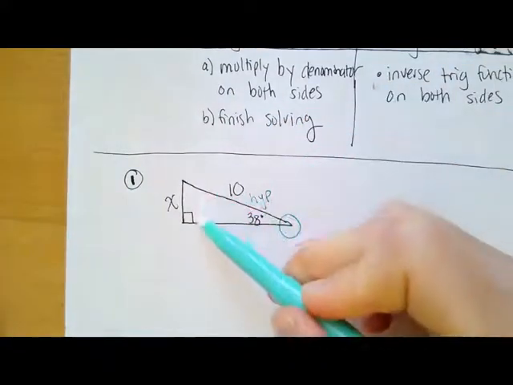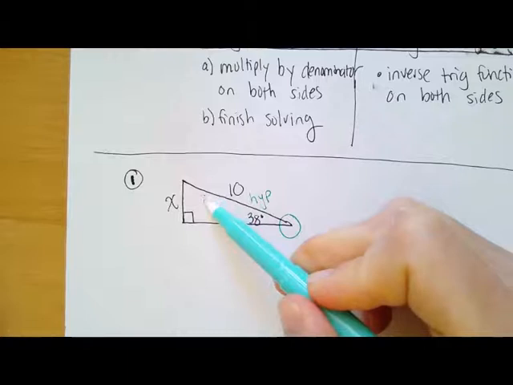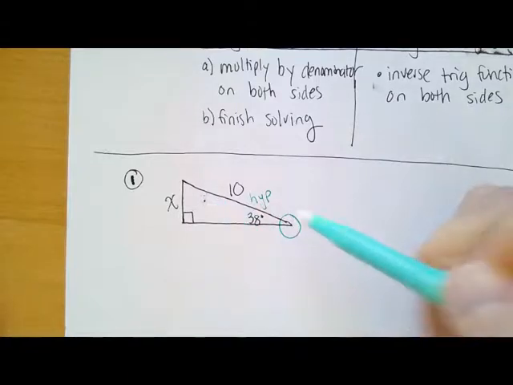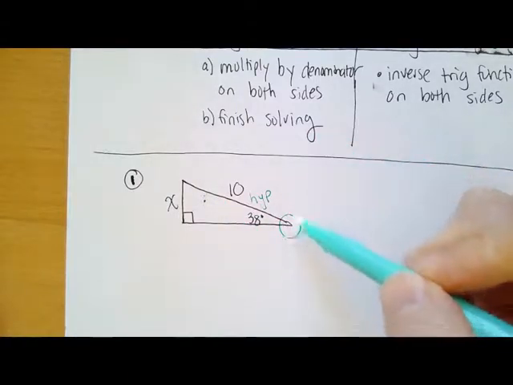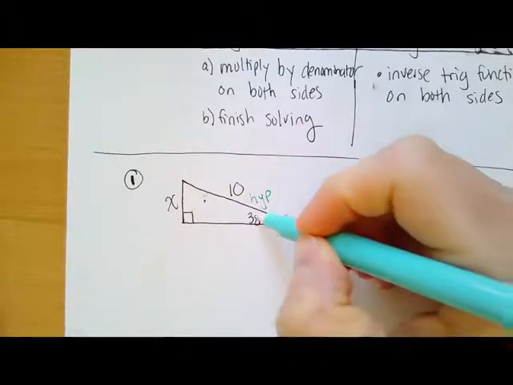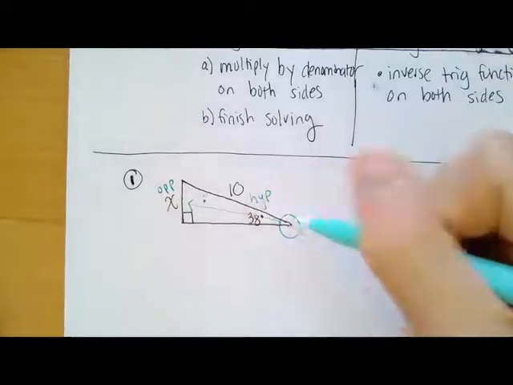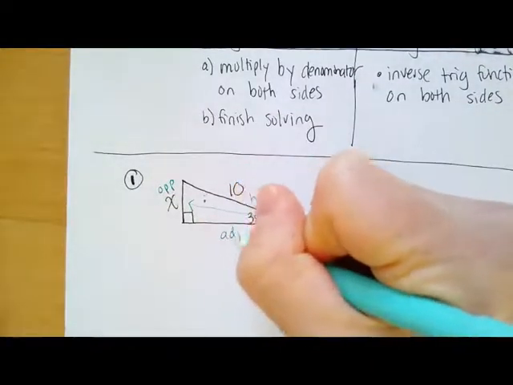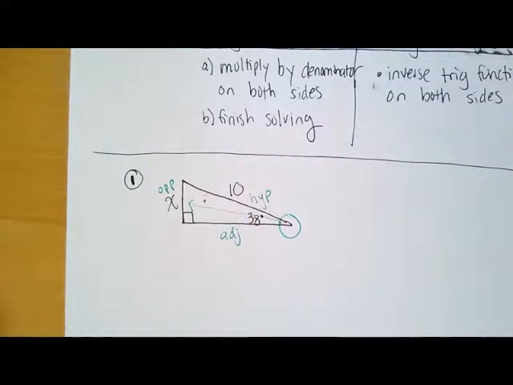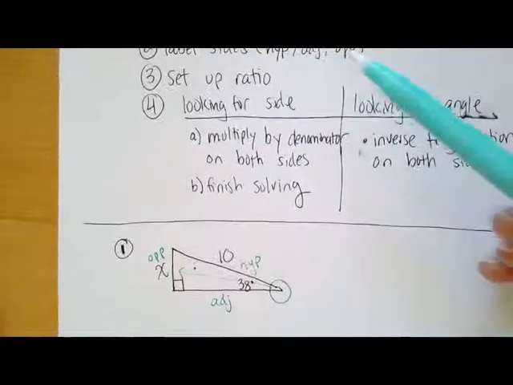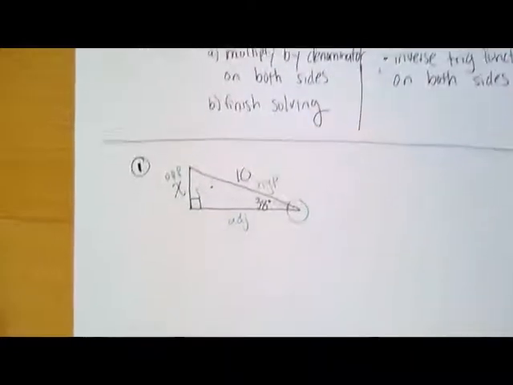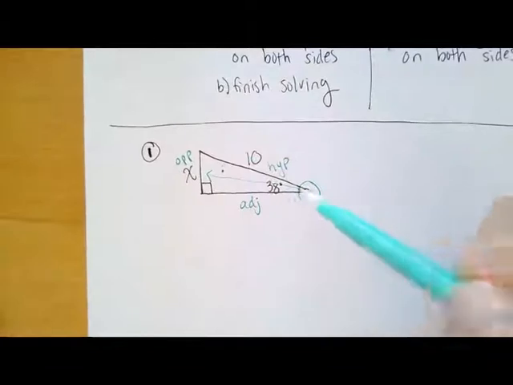So we come down here. The opposite side is x, and the hypotenuse is 10. So we're done with step 3. Step 4, that's a side length, so you multiply by the denominator on both sides. In this case, that means we are going to multiply on both sides by 10.